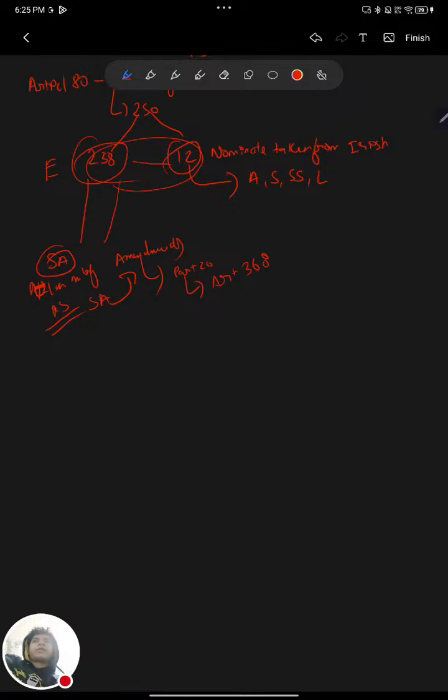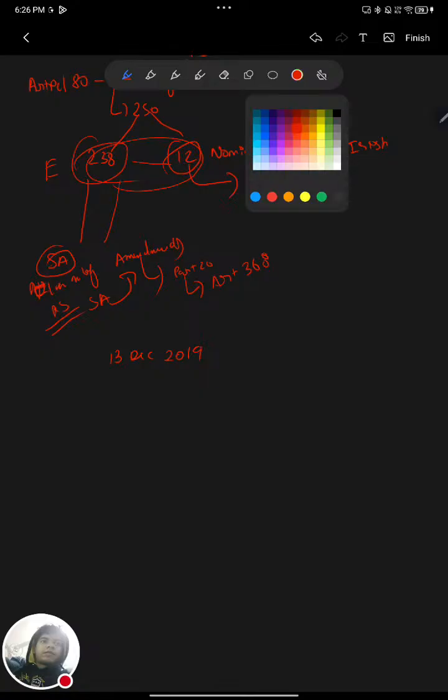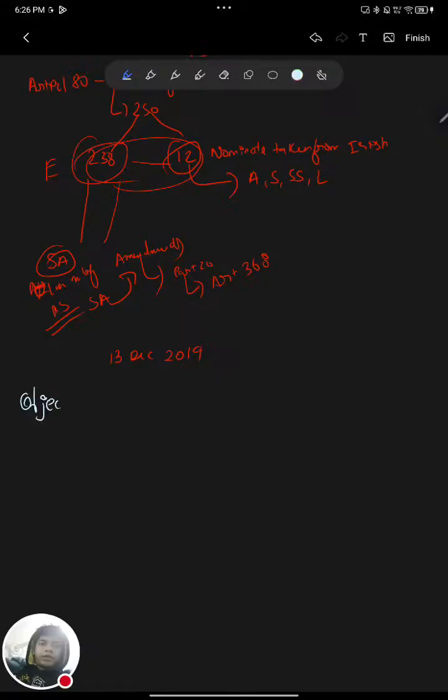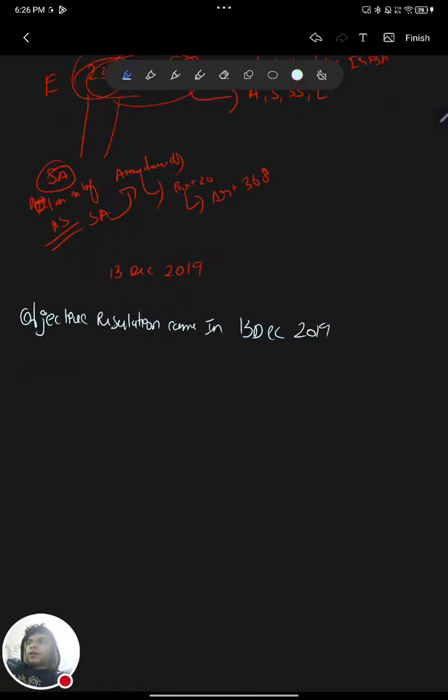Now I wanted to discuss something on the preamble, as the preamble is based on the objective resolution. The objective resolution came on 13th December 1946. Before this 13th December there is 9th December and 11th December.